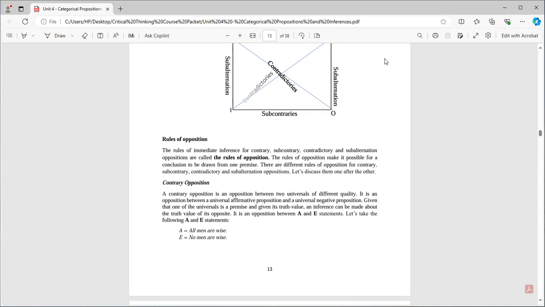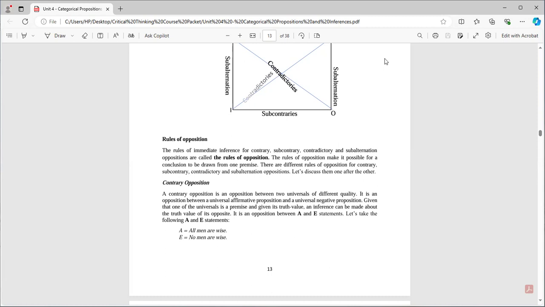And we are saying that we analyze it using assumptions. So you use assumptions as a basis to analyze contrary opposition. To begin with, say that one of them is your premise, the other is a conclusion.